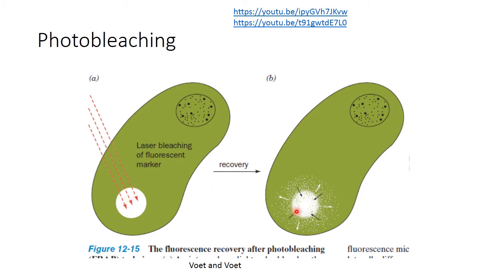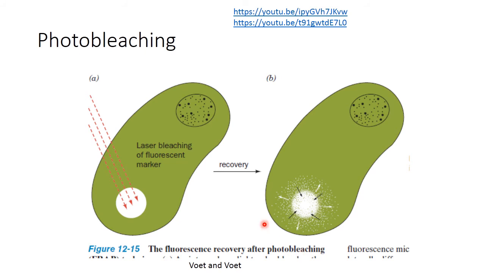This is diagrammatically represented here. So when the bleached molecules migrate away, and the labeled molecules migrate to this area, fluorescence in this bleached area is going to be recovered. So this process is called fluorescence recovery after photobleaching, abbreviated as FRAP.